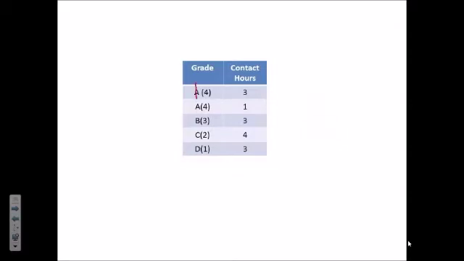We could now eliminate the letter grades entirely, and we're going to consider the grade as our score, or X, and the contact hour as the weight. The higher the weight, the more that grade counts towards your GPA.